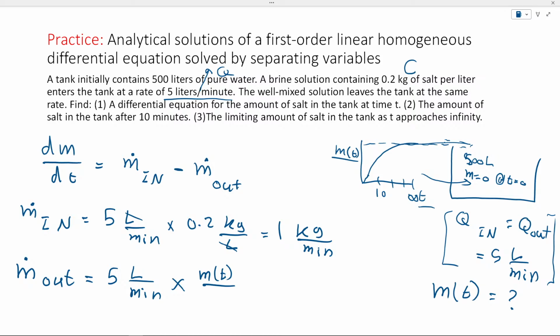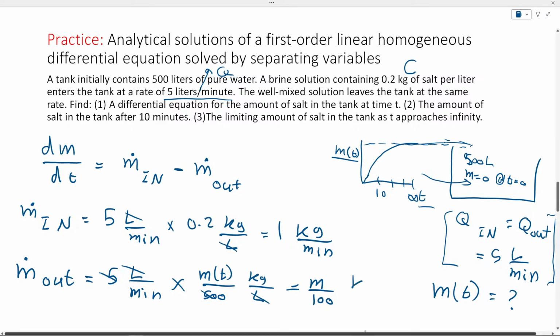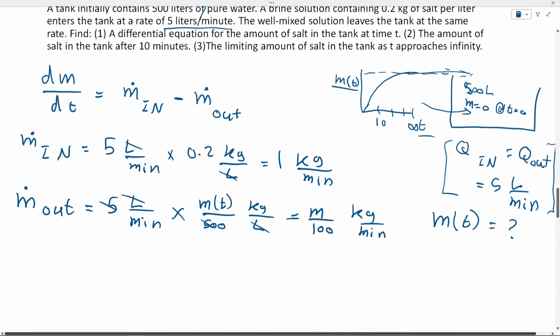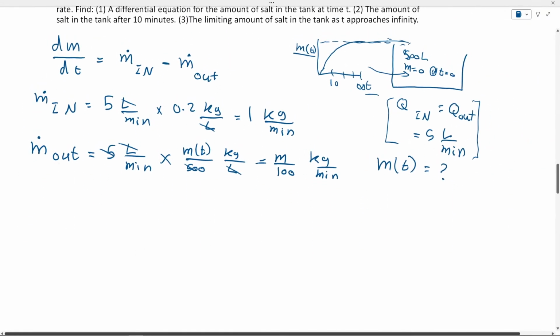The volume is given as 500 liter. The mass is in kilogram and the volume is in liter, and the mass is changing with time, so I don't know this. So this guy will go away with this guy, and I will get m over 100 kilogram per minute. And this m will start as 0 and keep increasing up to a limit, which we will know.